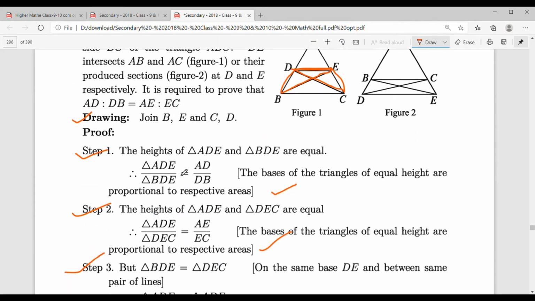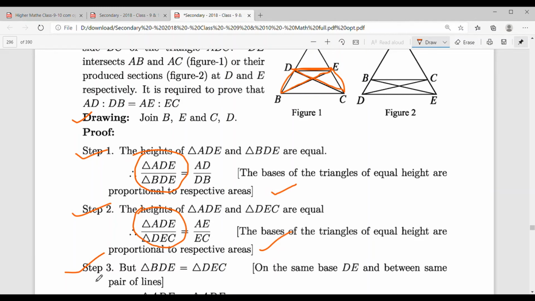Now in the two ratios, the numerators are the same, area of the triangle ADE, and here also area of the triangle ADE. Now the denominator of the first fraction is the area of the triangle BDE, and in the second fraction the area of the triangle DEC.